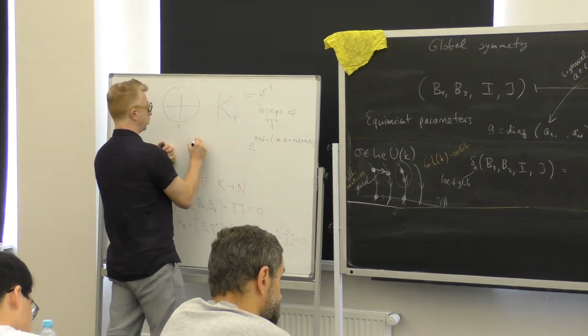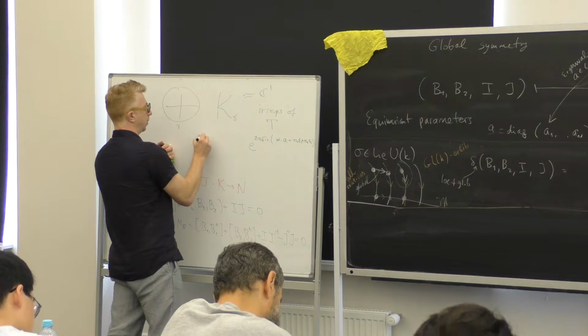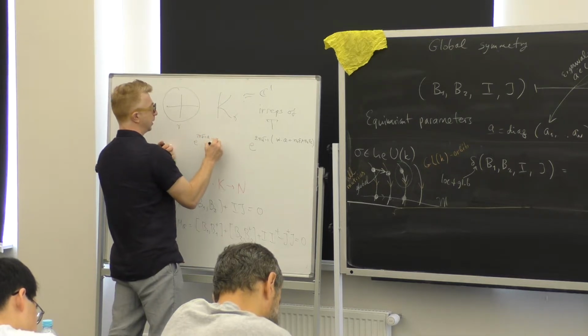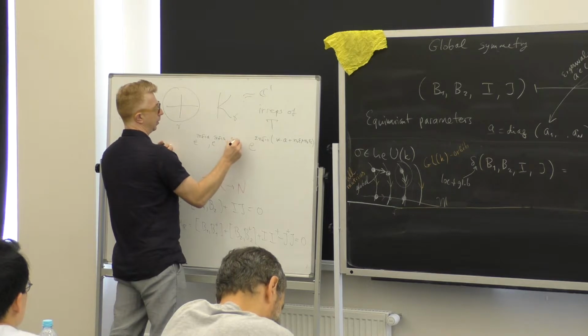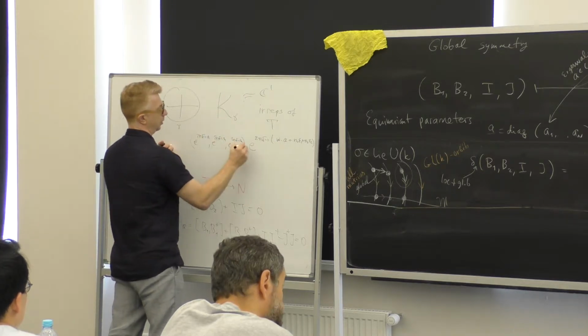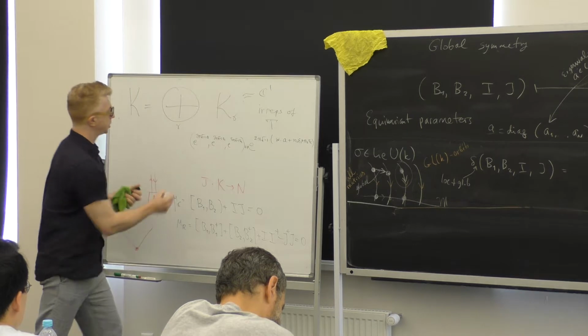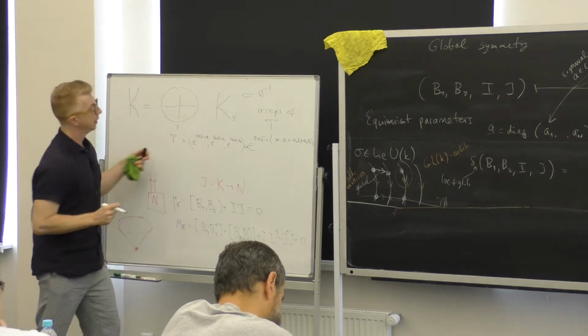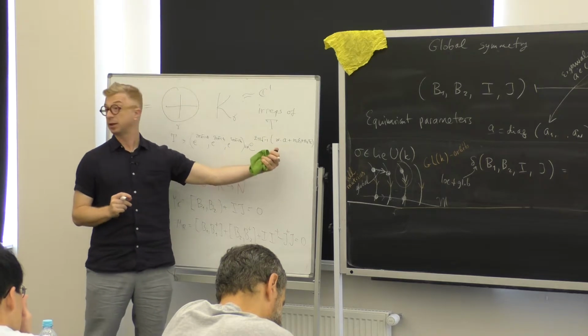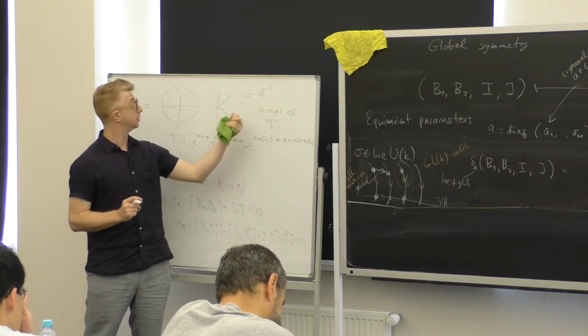So this is a generic element of my group T, of my torus, and that's how it acts in the space K sub gamma.